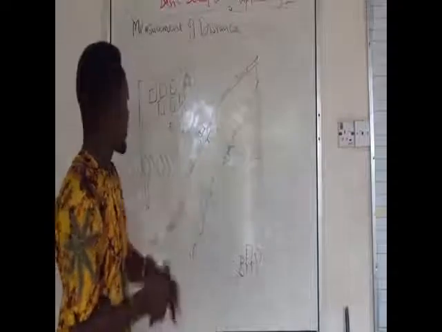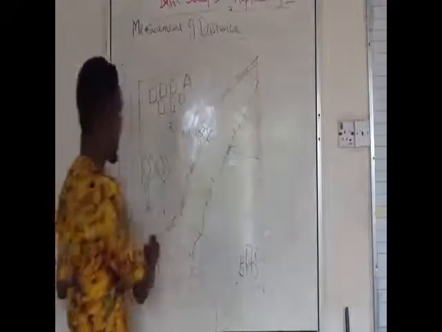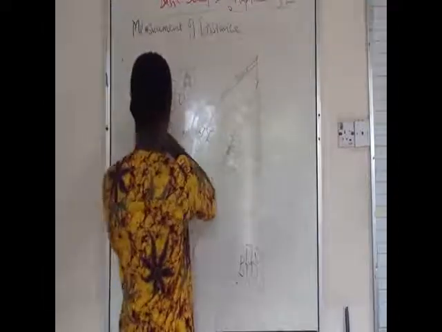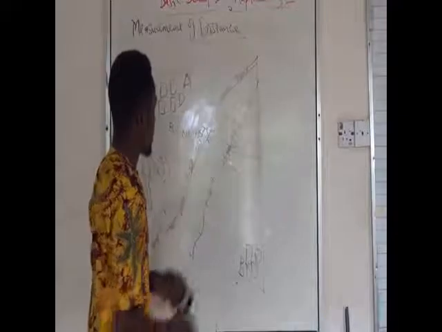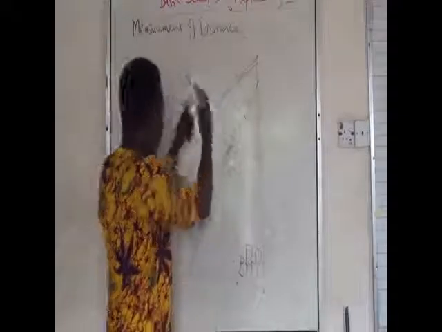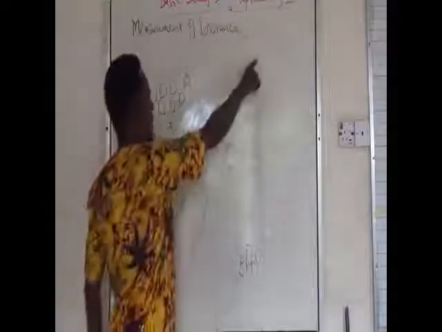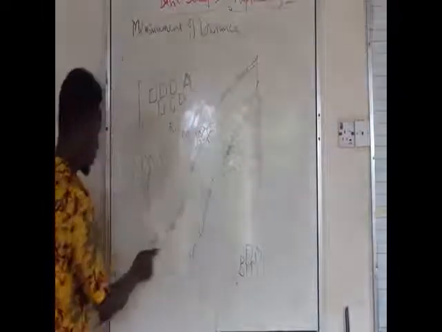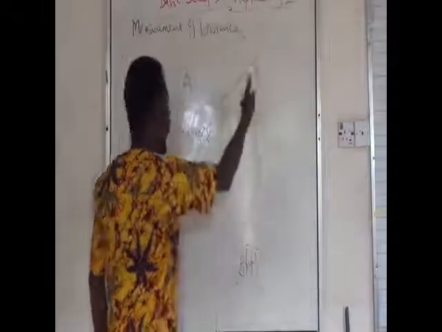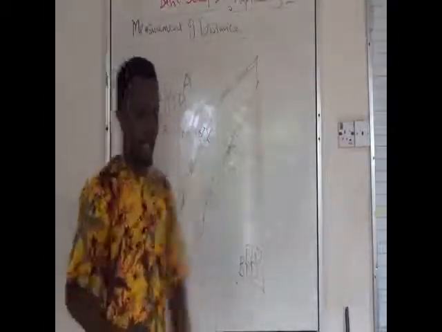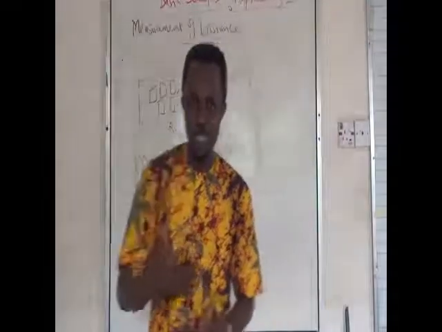On the map you can see settlement A and settlement B. You can also see the major road, you can see the river, and you can see the railway line. From town A to town B, we can measure the distance. We can also measure the length of this road, the length of this river, and the length of this railway line. Distance is the interval between two places on a map.